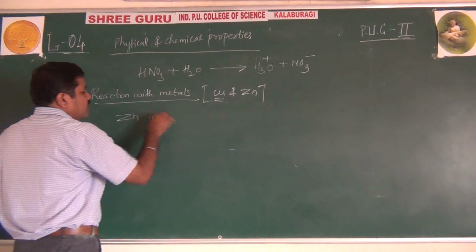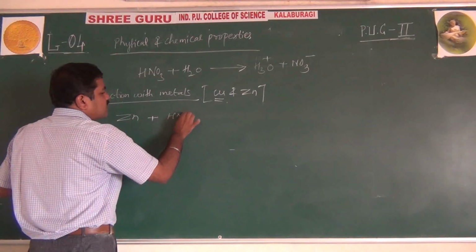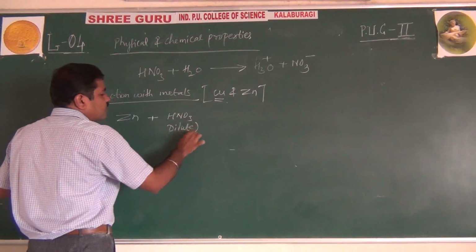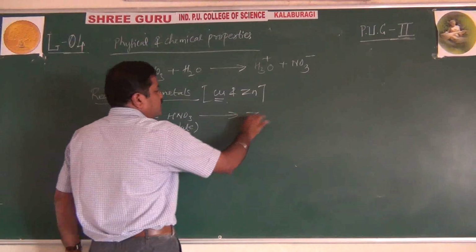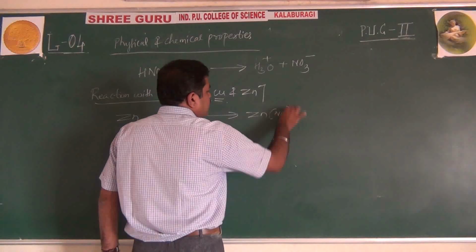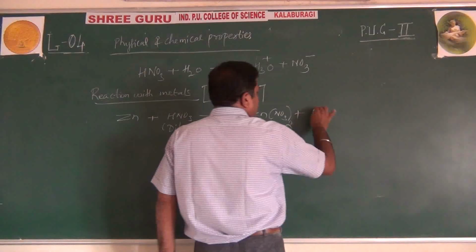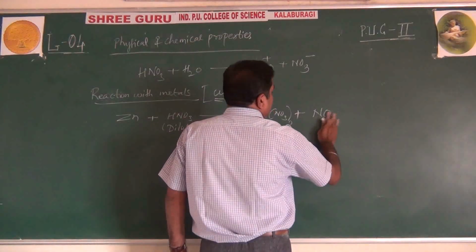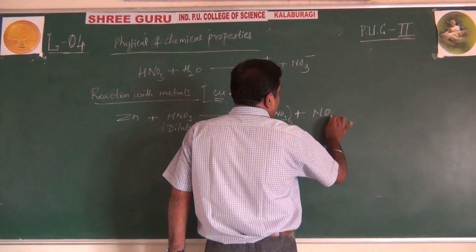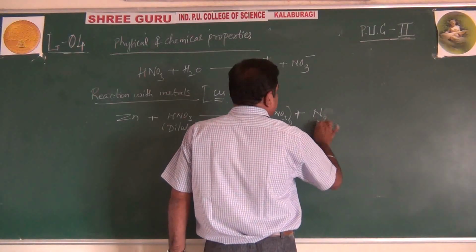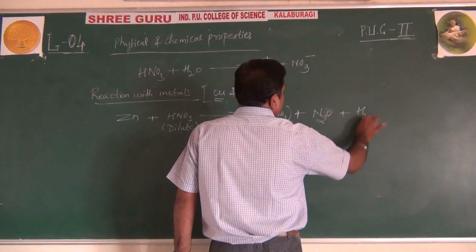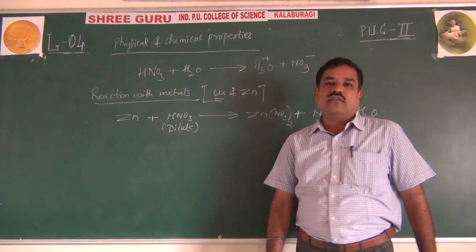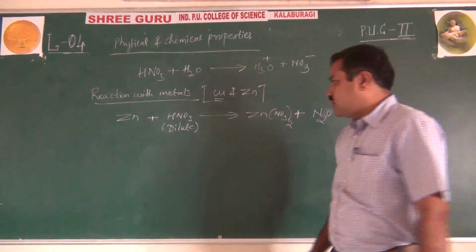Zinc reacts with dilute nitric acid and forms the respective metal nitrate, Zn(NO3)2, plus N2O plus H2O. So this time it forms nitrous oxide, laughing gas, with dilute nitric acid.